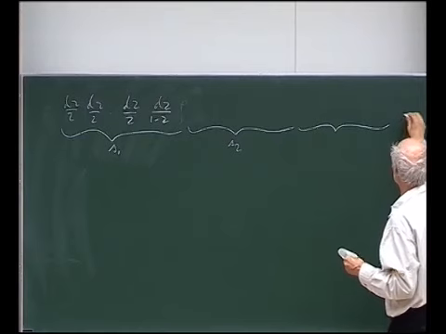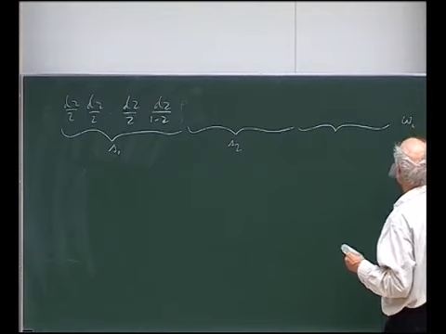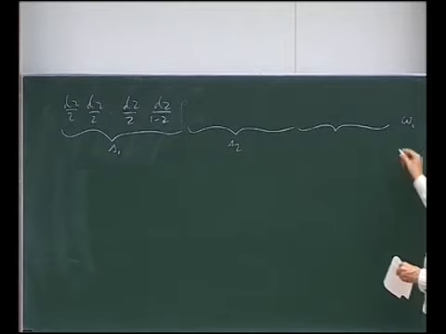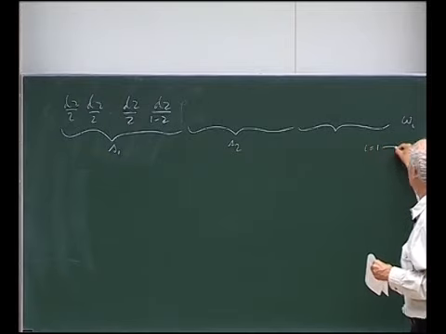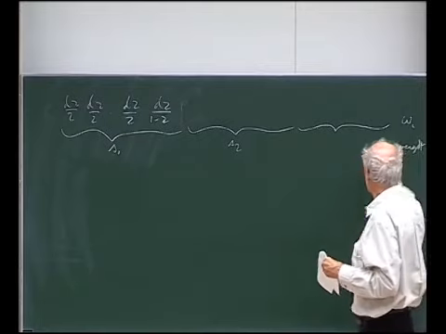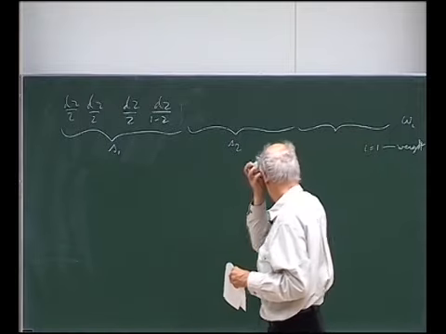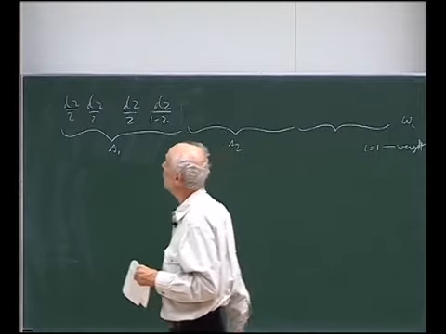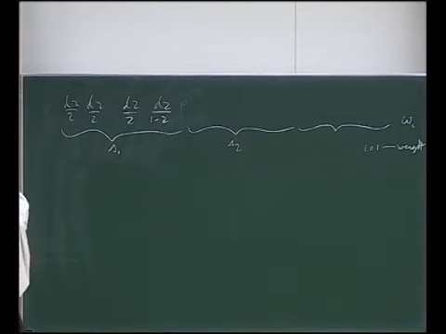Then I do the same thing with s2, and so on. So I obtain like that a sequence of differential forms, summing the s_i to the weight, which I will call omega_i, i equals 1 to the weight.